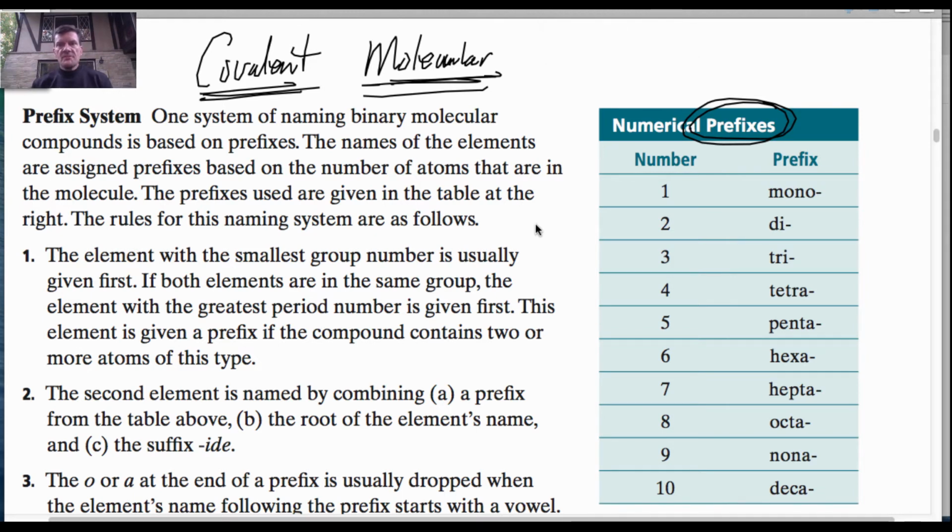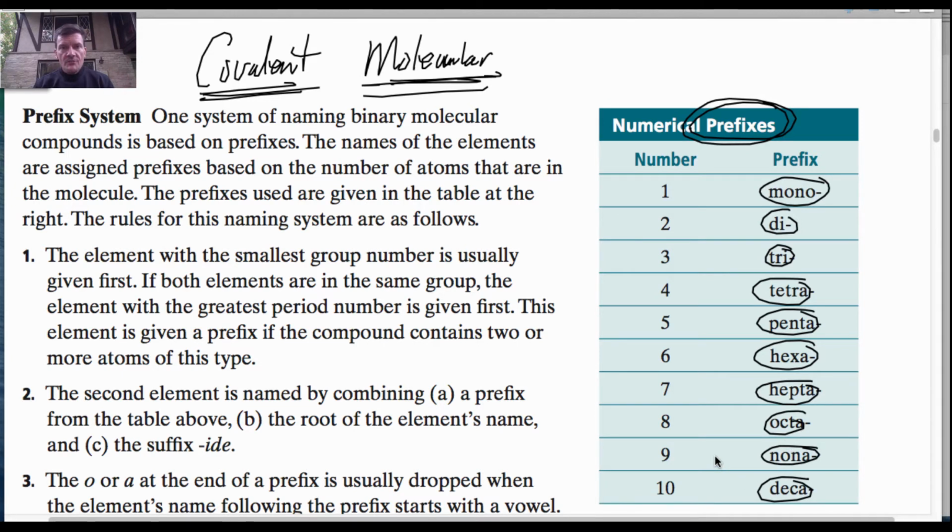So here are the prefixes that we're going to use. Hopefully these are somewhat familiar to you. If there's one atom of a particular element, we're going to say mono. 2 is di, 3 is tri, 4 is tetra, 5 penta, 6 is hexa, 7 is hepta, 8 is octa, 9 is nona, and deca for 10. Okay?